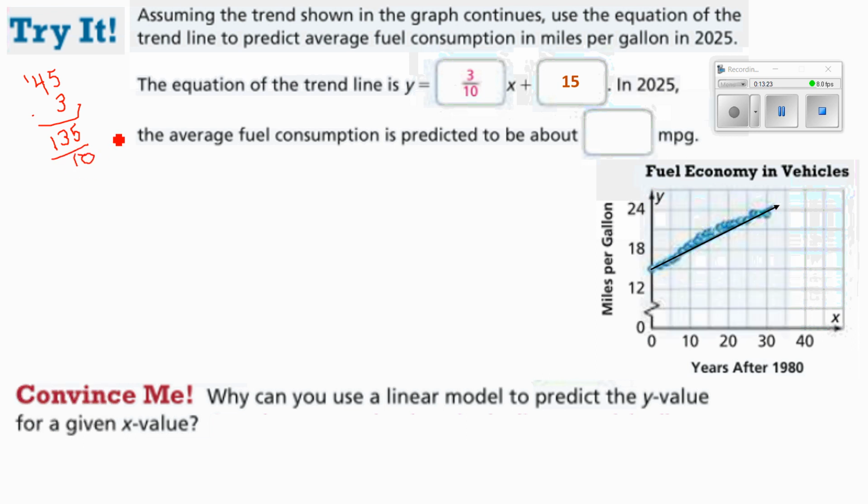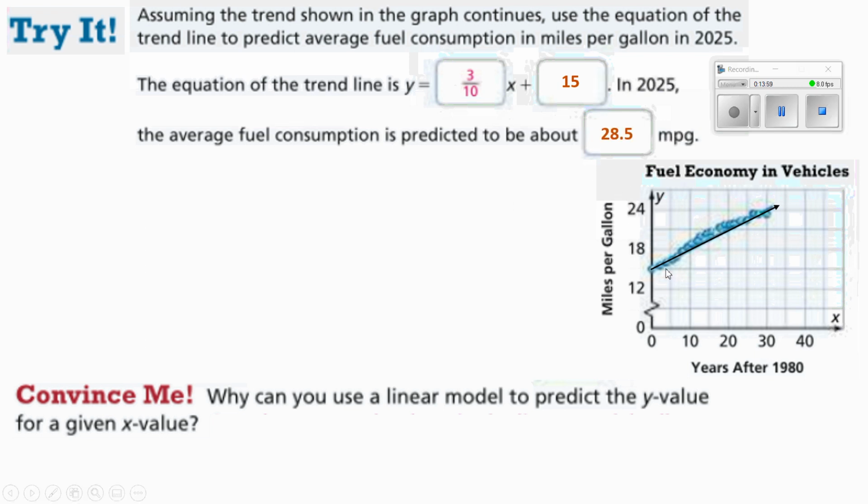So that'd be 13.5. Okay. So let's see, 13.5. And then when I add 15, it should give me about 28.5. So when I check my answer, I should get 28.5.